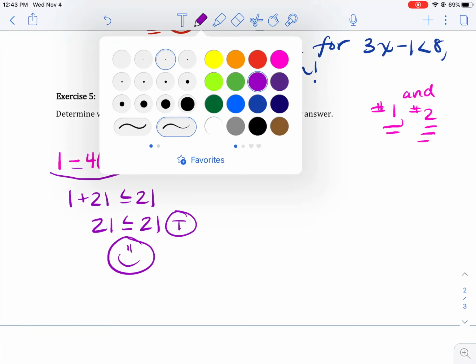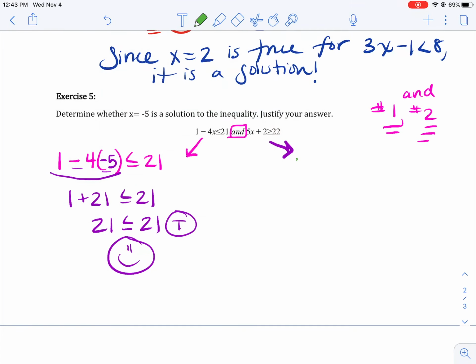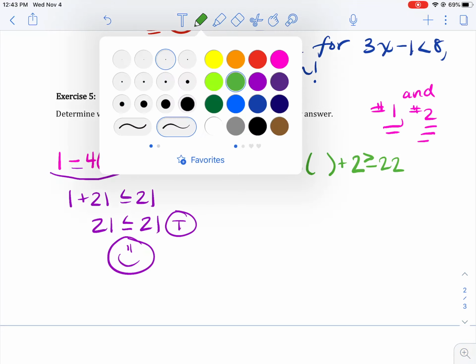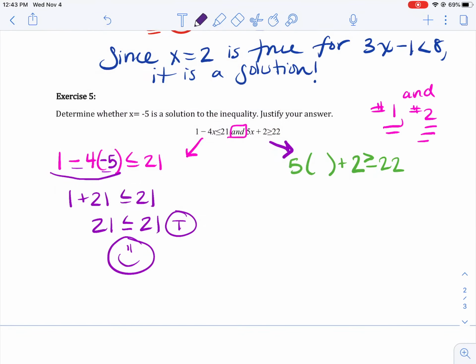Now let's check this guy. 5x plus 2 is greater than or equal to 22, and instead of putting in x, we're going to put in negative 5. So 5 times negative 5 is negative 25 plus 2 is greater than or equal to 22.